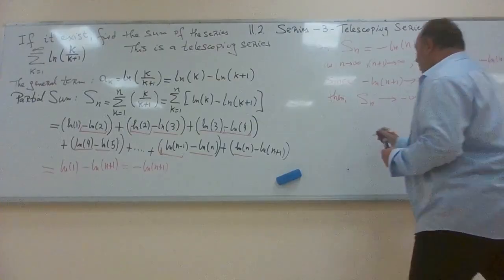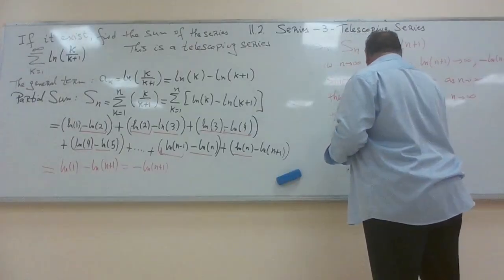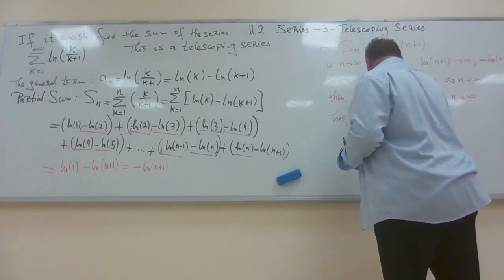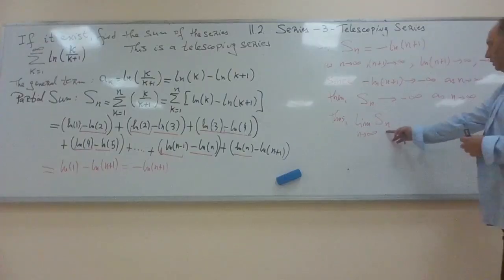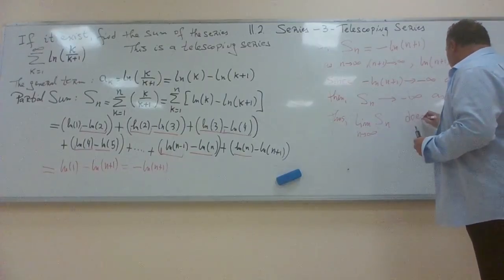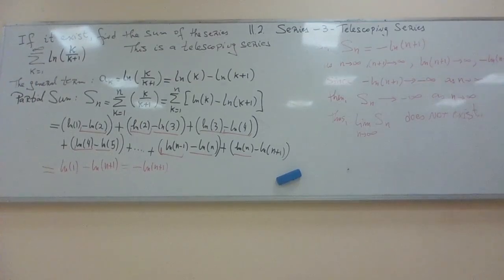What does it mean? The limit of those Sn, what do we say about this limit? If the terms go to minus infinity, then this limit does not exist. We know that the sum is equal to the limit of the partial sums, but this limit does not exist.